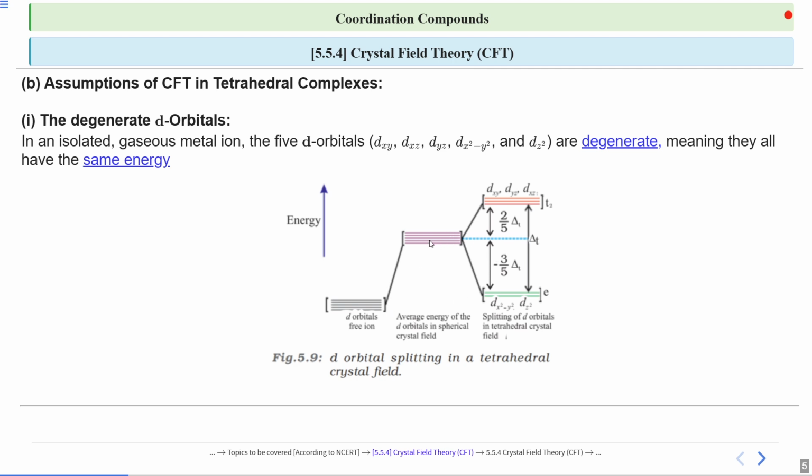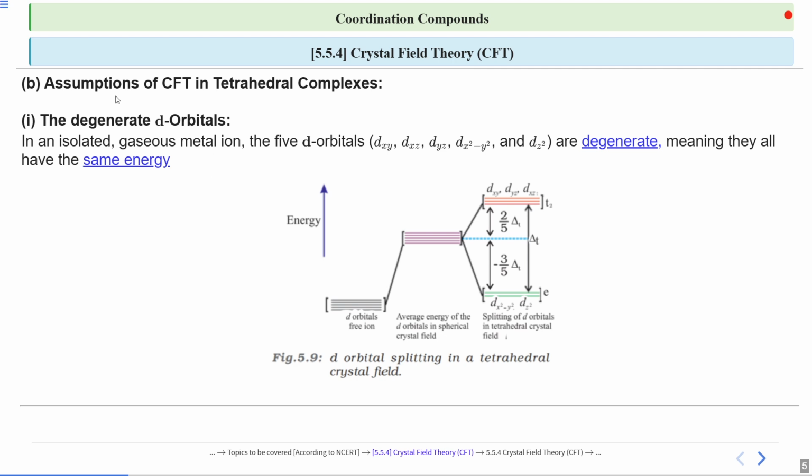After the energy is increased, they still have the same energy, meaning they are still degenerate, and they get the average energy of d orbitals in the spherical crystal field. Then, when the energy increases further, they split into two groups, the T2 and the E groups. We will talk about this later in this lecture.